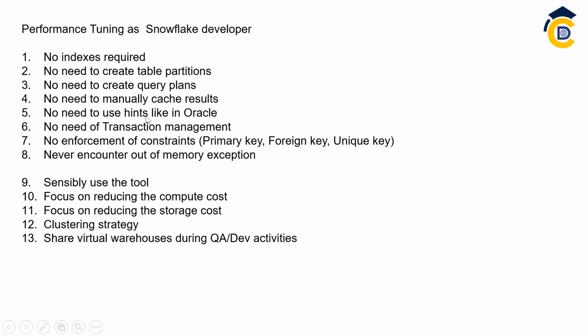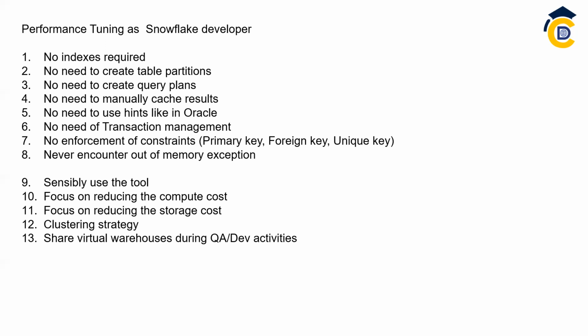There is something called hints that we provide to the Oracle optimizer. If anyone has worked on Oracle, we pass hints to the Oracle optimizer to do this query in parallel, assign eight processors to this query, or, if you have multiple indexes on the table, you say use this particular index for this query.